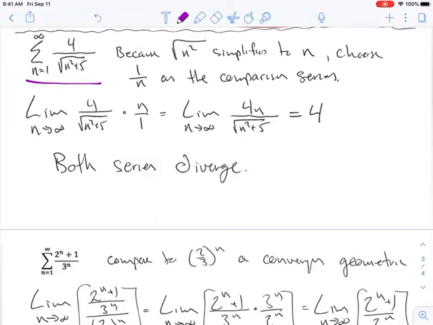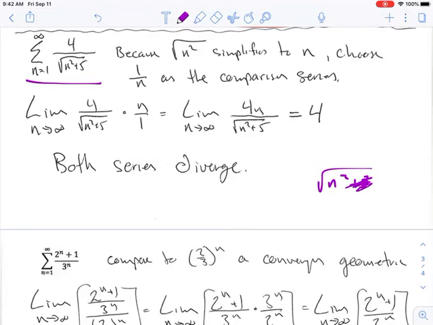Because the square root of n squared simplifies to n, I choose 1 over n as the comparison series. You have to be kind of algebraically creative with these problems. Looking at the denominator, you have the square root of n squared plus 5. We know we're going to be taking the limit of this, and as n approaches infinity, the 5 really becomes meaningless.